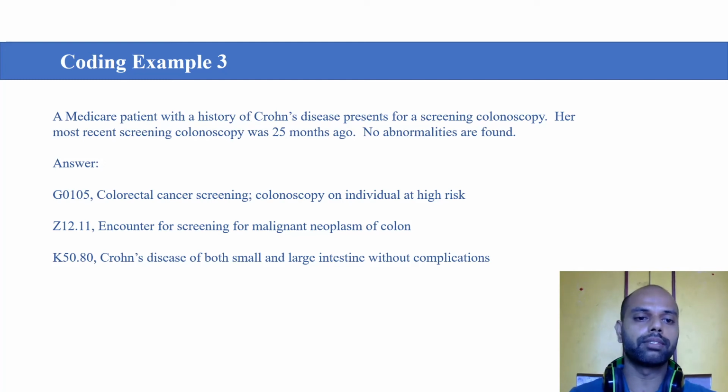And they have also stated the previous colonoscopy was done 25 months ago, so it satisfies Z0105. And the correct diagnosis code is Z12.11 for screening for malignant neoplasm, and they have also mentioned a history of Crohn's disease, so for Crohn's disease, the correct DX is K50.80.